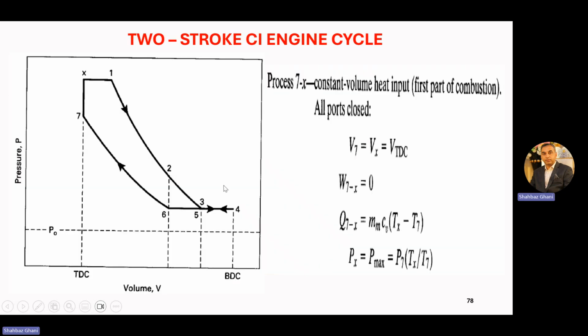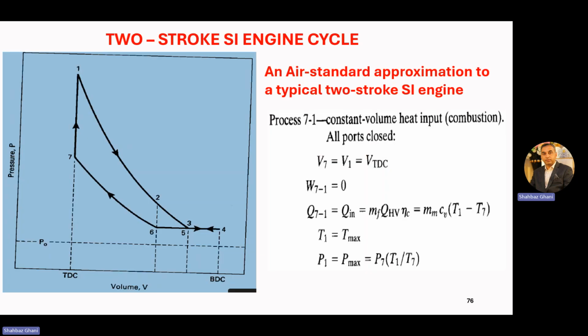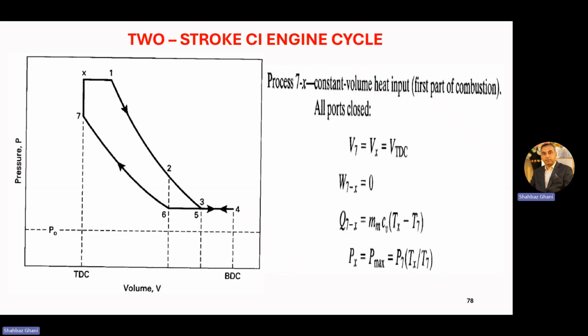Previously, we have studied the two-stroke SI engine. Let's see the two-stroke CI engine. So this is the difference here. We have both constant volume heat input and constant pressure heat input. Now from process 7 to X, from this point to this point, we have a constant volume heat input, the first part of the combustion.